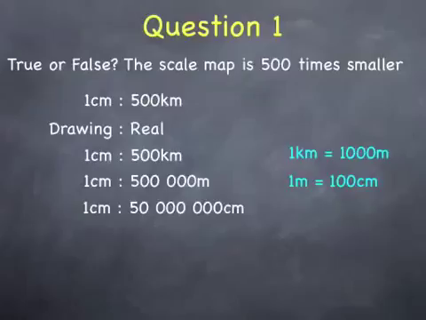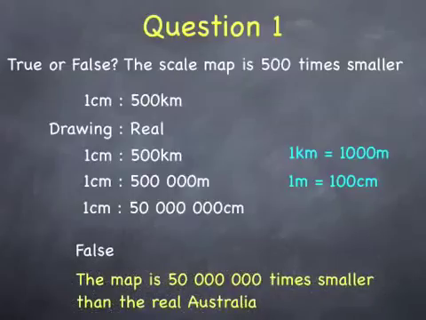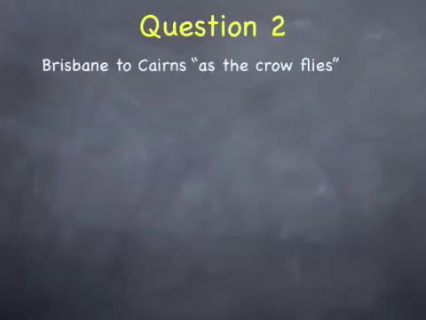But the answer to your question 1 is false. It's not 500 times smaller. It's actually 50 million times smaller than real life, than the real Australia. So just be aware, because of the units, centimetres and kilometres there, it's not just 500 times smaller, it's a lot more.